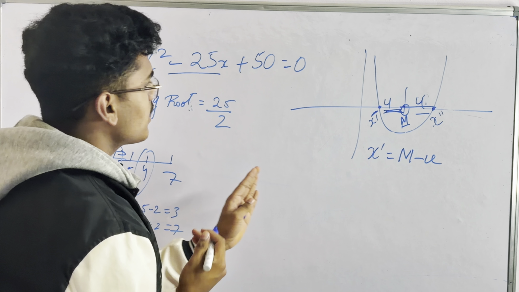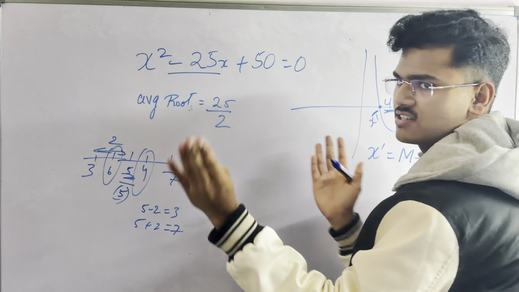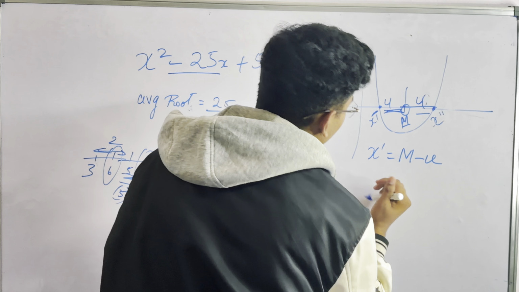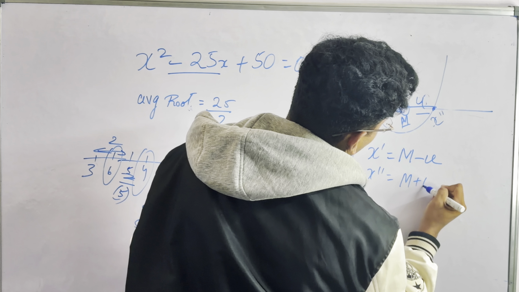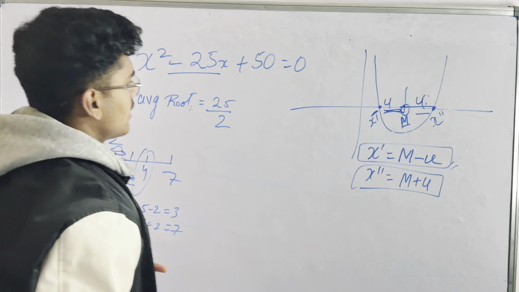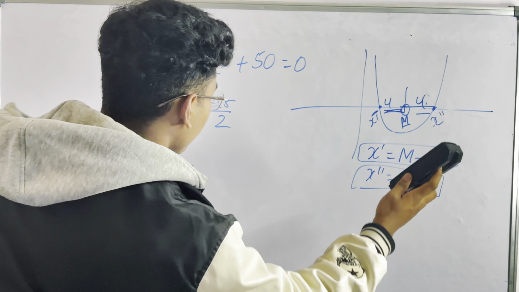The same thing we apply here. Don't take me wrong, I have just exchanged it for your convenience. So x dash is m minus u, x double dash is m plus u.